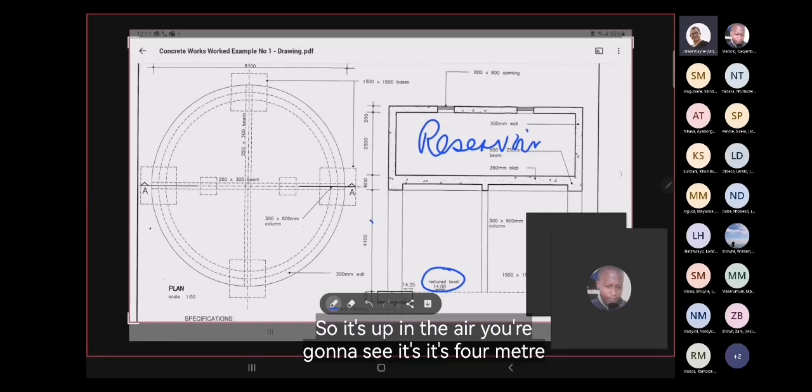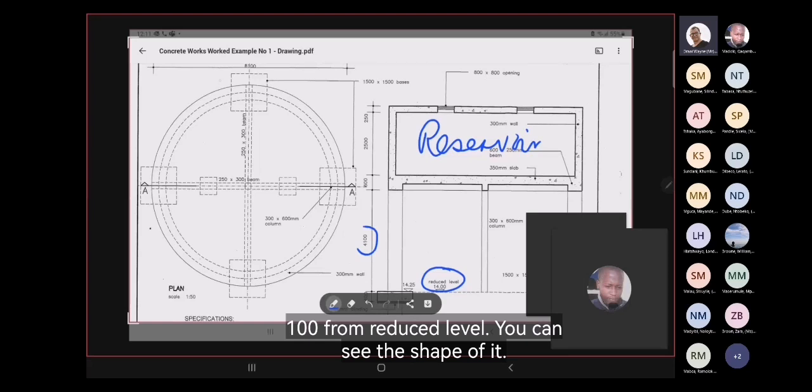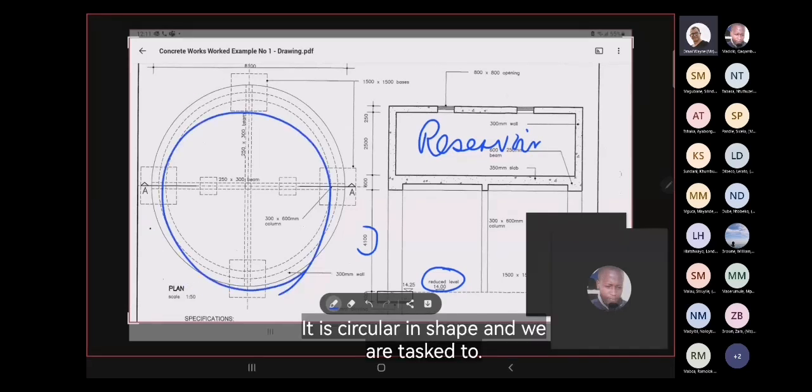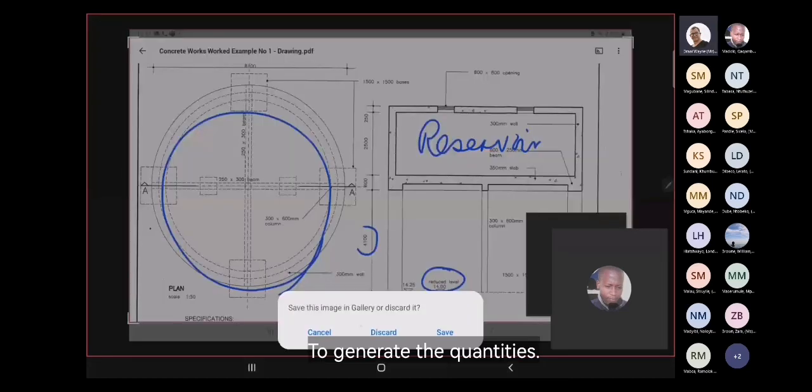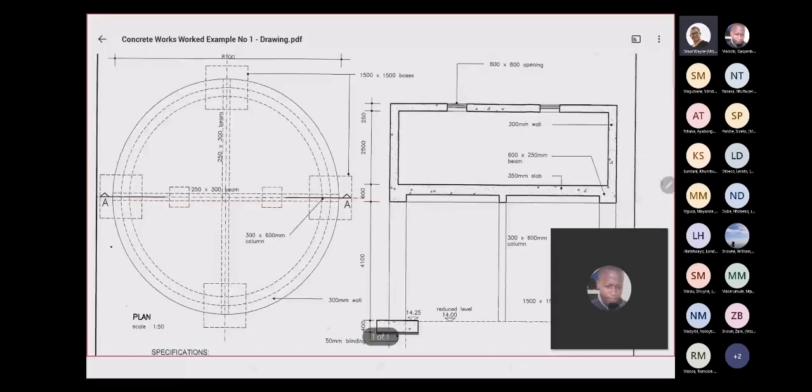You can see it sits 4 meter 100 from reduced level. You can see the shape of it. It is circular in shape. And we are tasked to generate the quantities for this reservoir.